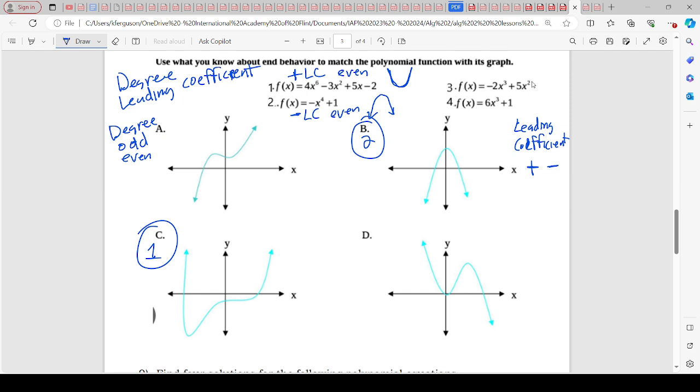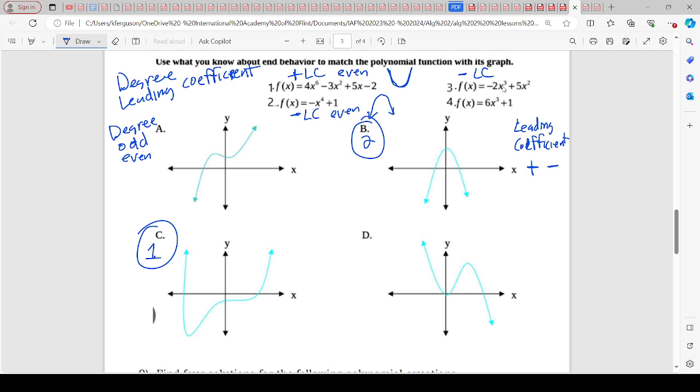Okay, so now look at number 3. F of x equals negative 2x to the 3rd plus 5x to the 2nd power. So what's the leading coefficient? It's negative. Yep, it's negative 2. So we got a negative leading coefficient. And then what's the degree? It's odd.